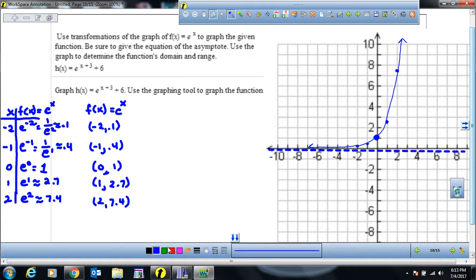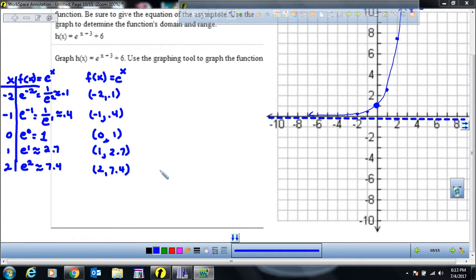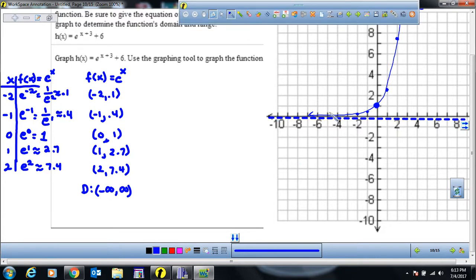So let's go ahead and give the information for the function f of x, which is the domain, the range, and our asymptote for this function. We already know that the domain of this function is from -infinity to +infinity again. It keeps on going from left to right, meaning that all of the values of x, negatives and positives, will be on the graph.